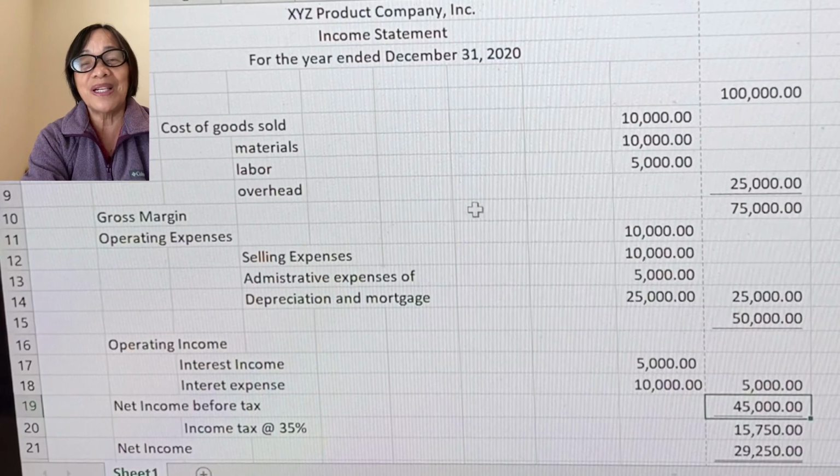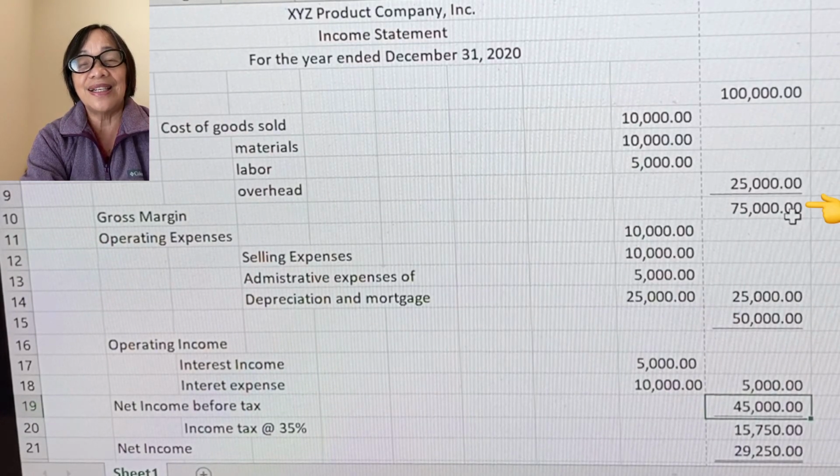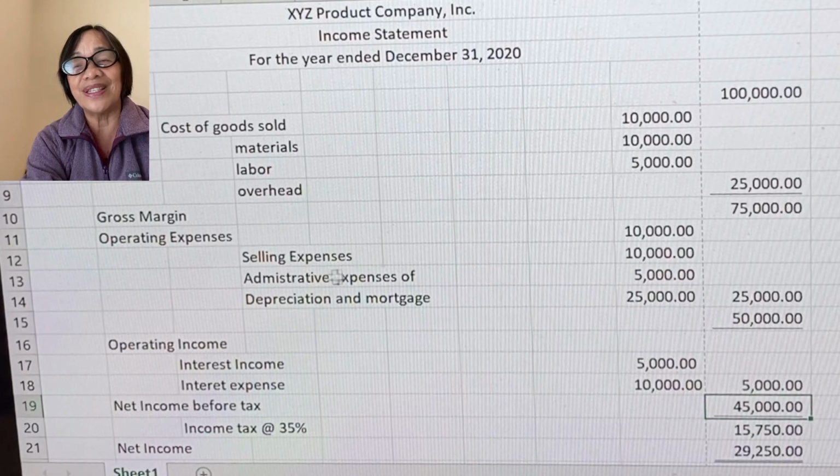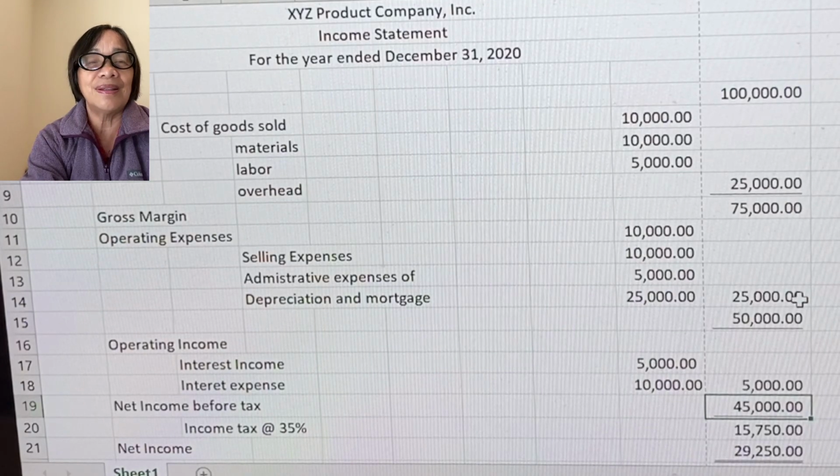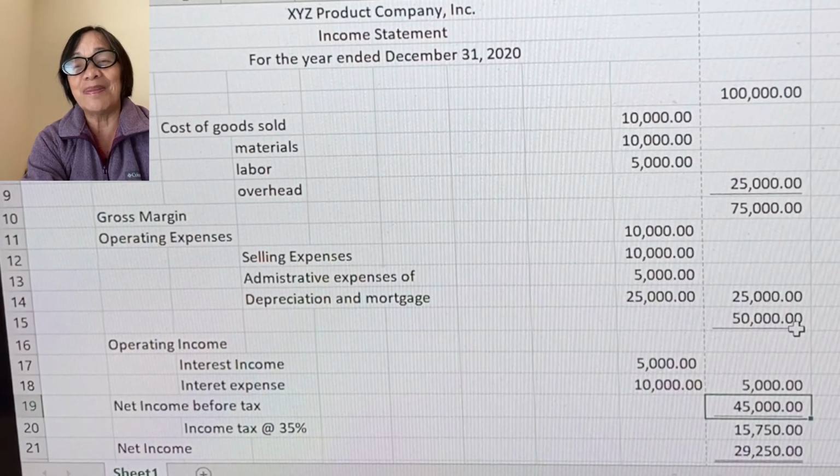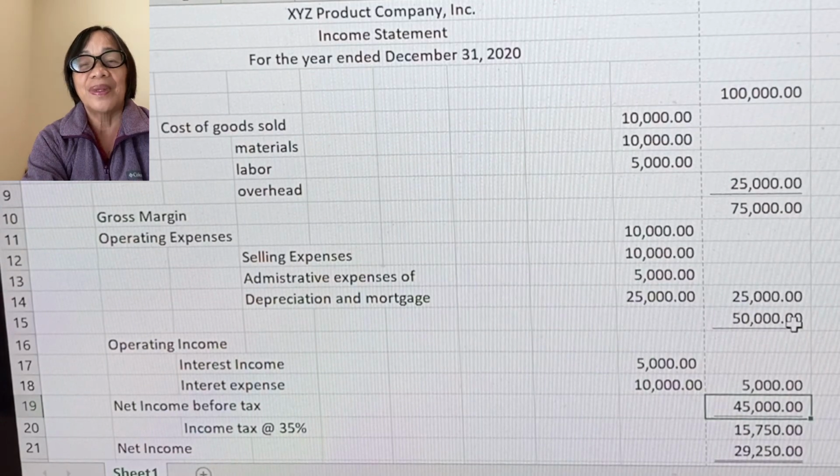So our gross margin is 75,000. Let's deduct our operating expenses amounting to 25,000. We will arrive at an operating income amounting to 50,000.